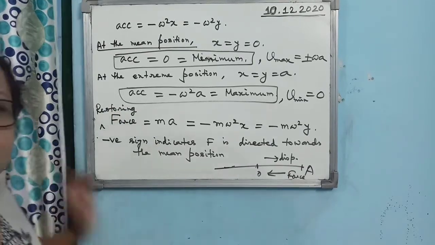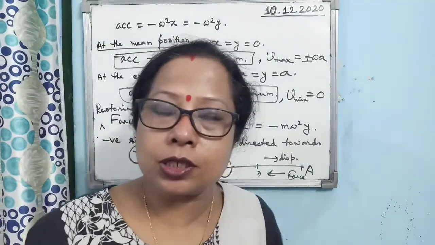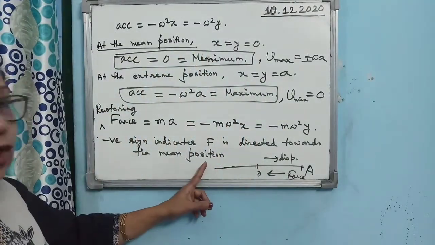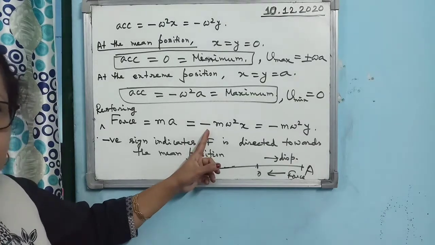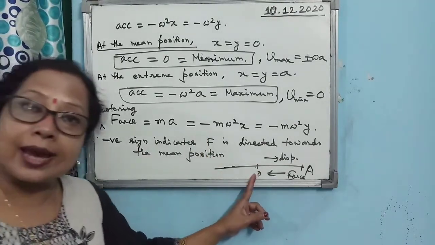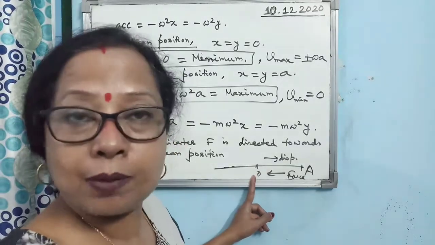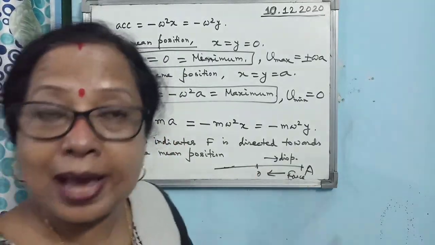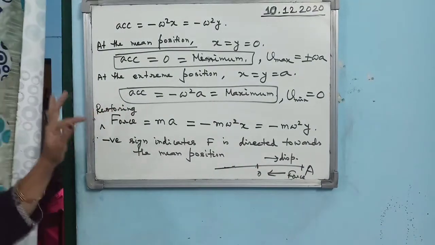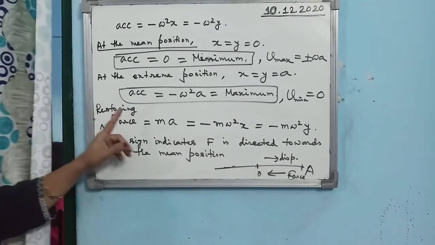Alright, why is the force known as restoring force? Because the force is always directed towards the mean position, as the negative sign indicates. And as force is directed towards the mean position, it is trying to restore the mean position once the particle gets displaced from it. That's why the force acting on the particle is also known as the restoring force.